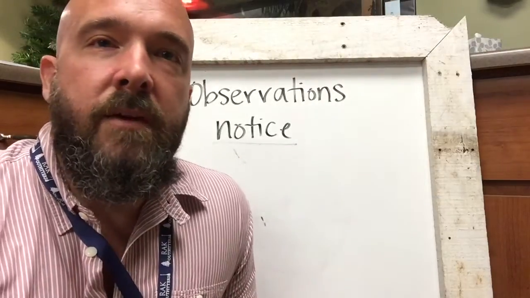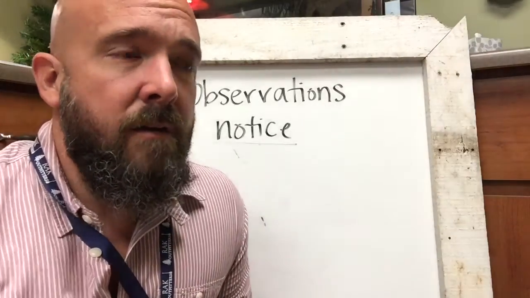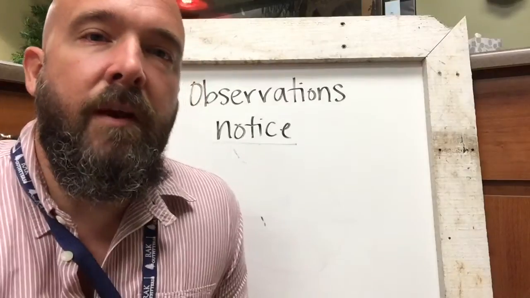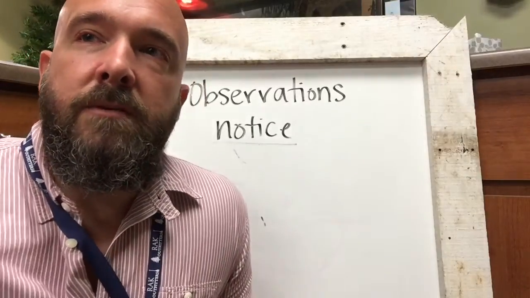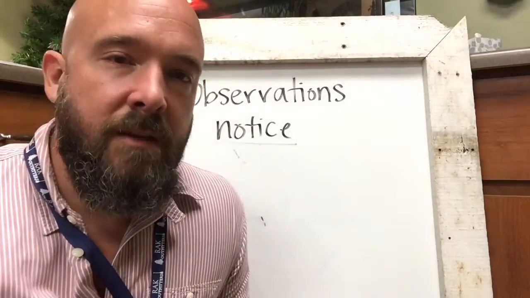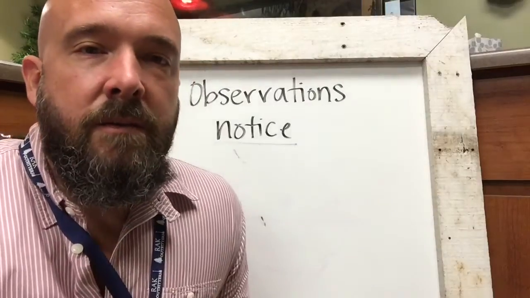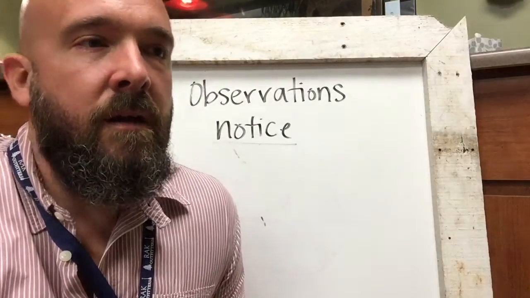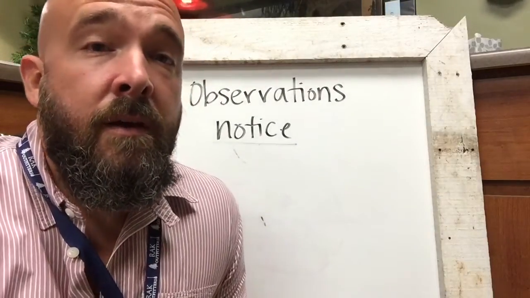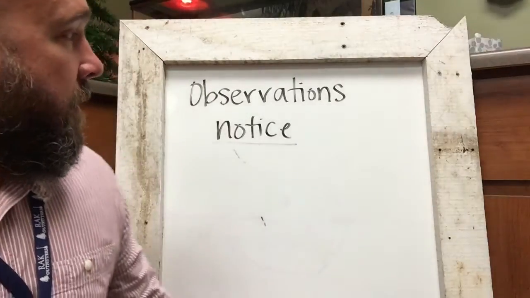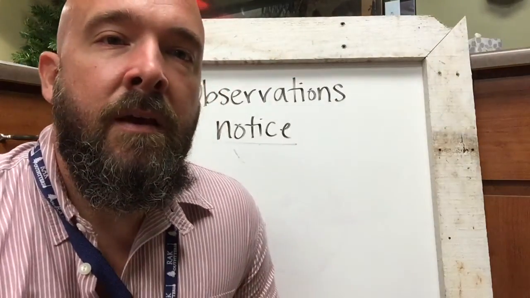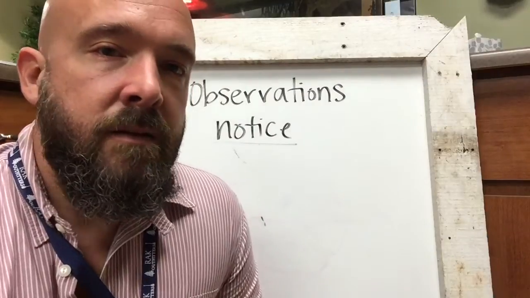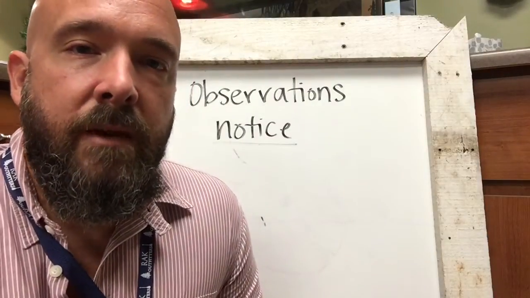The qualitative observations, we could all observe the same thing and we may all write something different because we're going to sense something different, we're going to see something differently, we're going to hear something different, and so those are a little bit harder to compare. So the quantitative observations are going to be easy to compare with someone else.